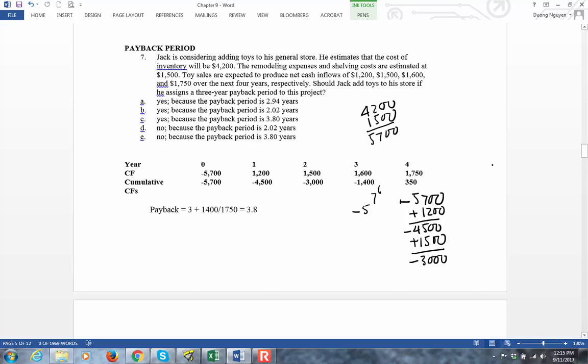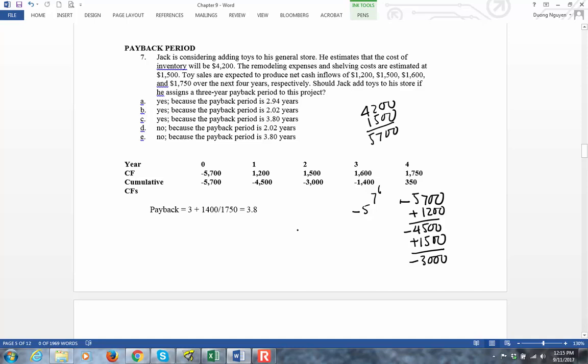And now the question is, should we accept or reject this project? For payback to work you need a cutoff point, a required payback period for this project. In this example, Jack is assigning a 3-year required payback period.